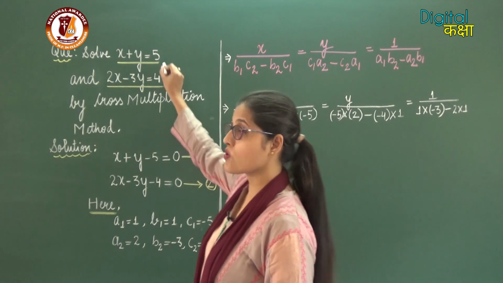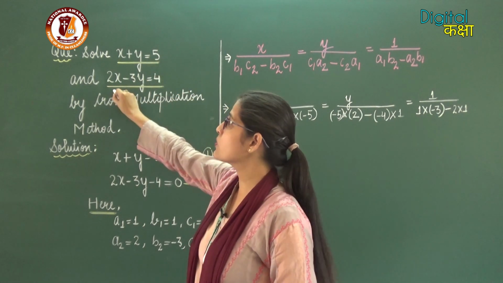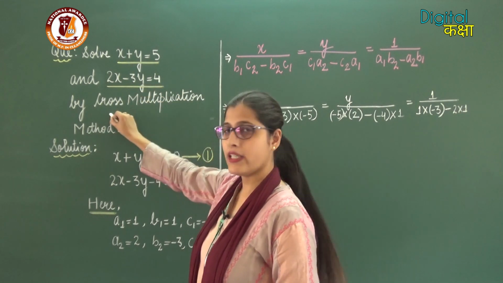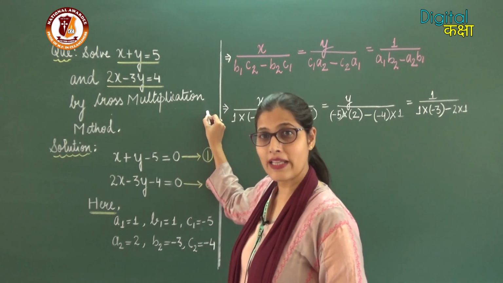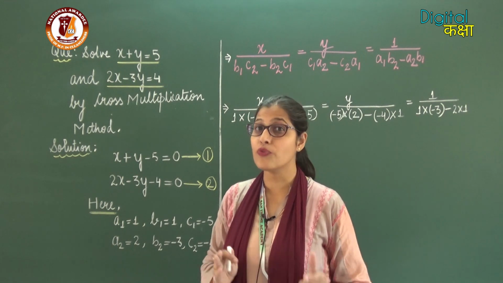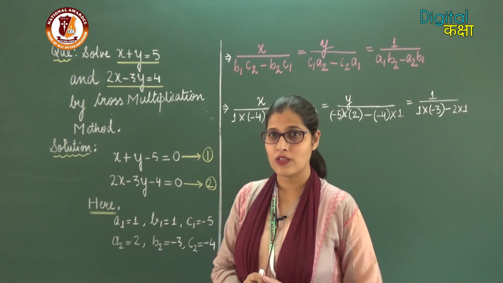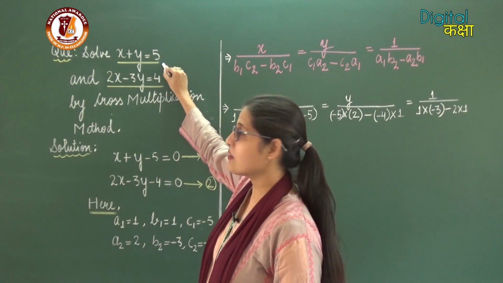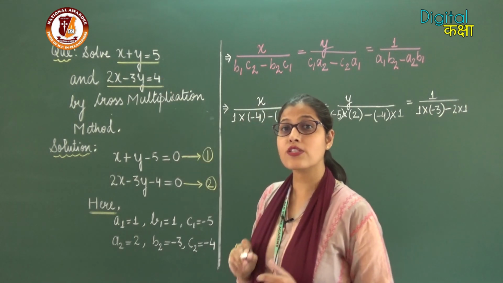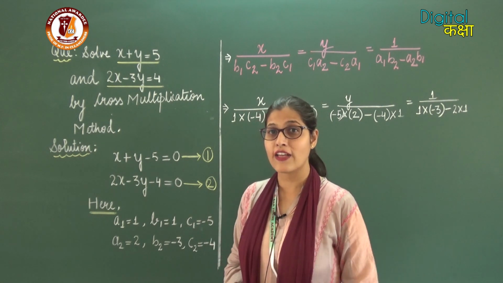The question is, solve x plus y equals 5 and 2x minus 3y equals 4 by cross multiplication method. As I have told you earlier, you have to first convert the equations into the standard form. Since you can see here, the constants are on the right hand side, first of all, you have to shift the constants to the left hand side.